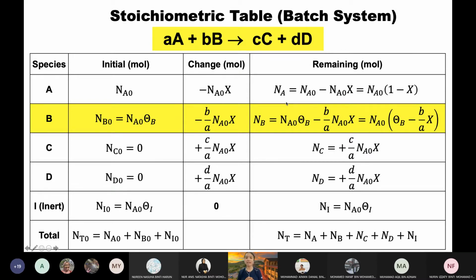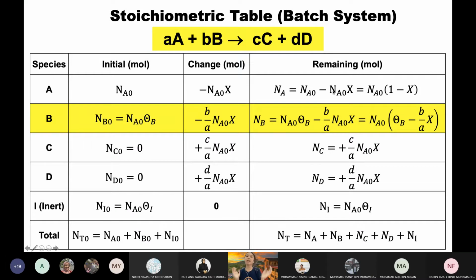So how do we find NA? So NA equals to, kamu buat apa? Kamu copy sahaja initial NA0. Kamu copy yang change minus NA0 X. Kan kamu nampak NA sama dengan NA0 initial minus NA0 X. Your change. Dapatlah your remaining. Done.